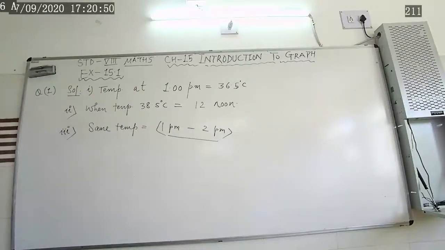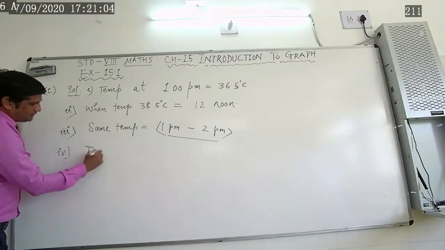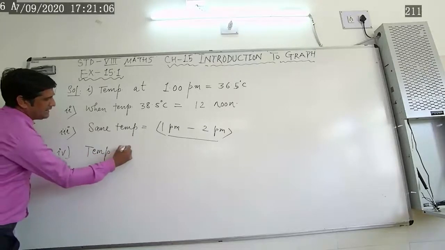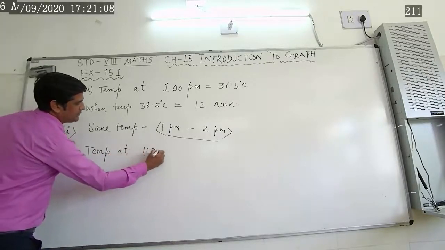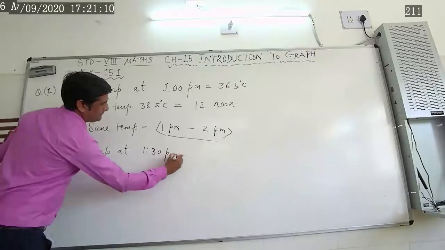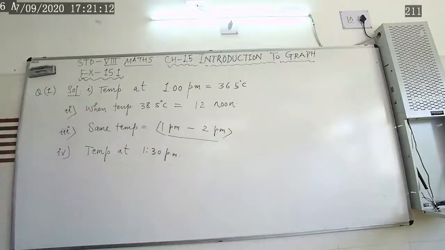Clear? Next, fourth part. In part number 4, what was the temperature at 1:30 PM? You see the graph and answer the question.